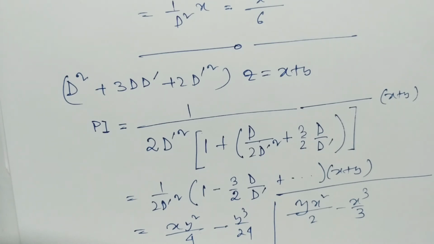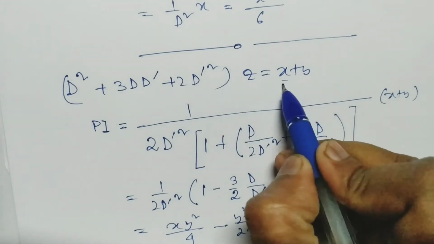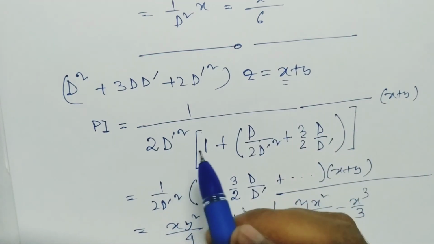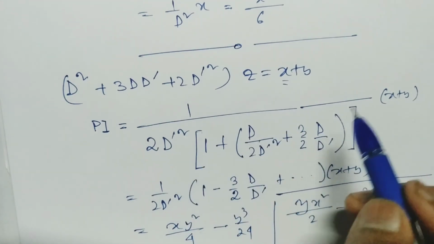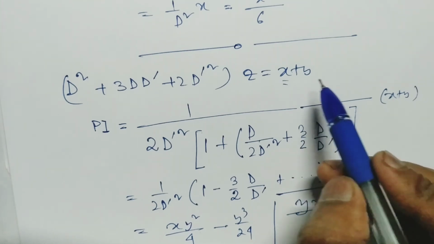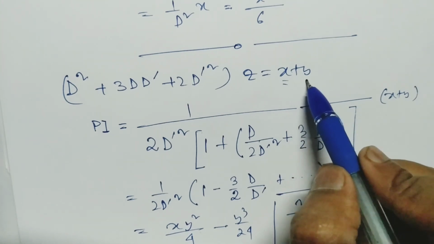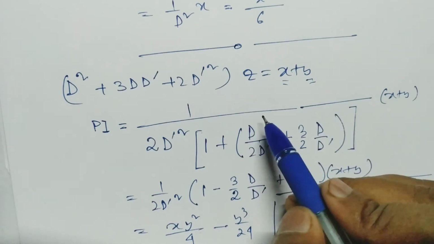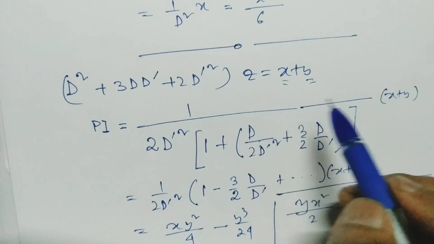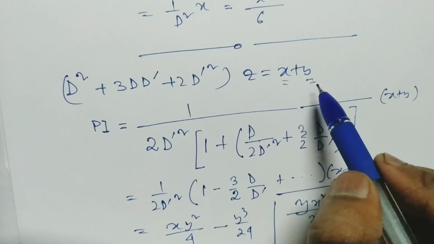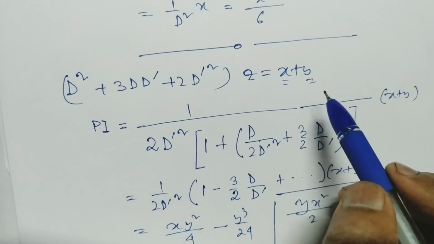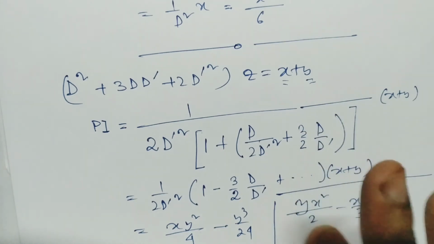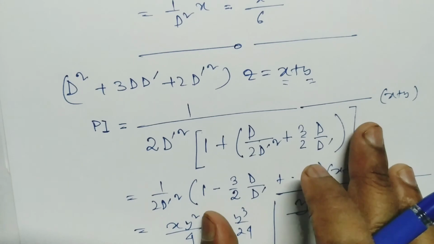So actually what you must do for that part, take D common, so D dashed over D, that part should be expanded, and for this part take D dashed common, that's why D over D dashed, that part should be expanded, and your result will be the correct one.